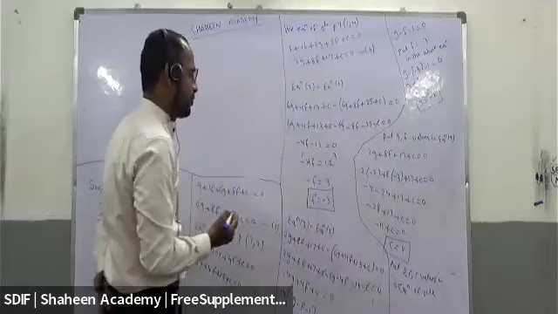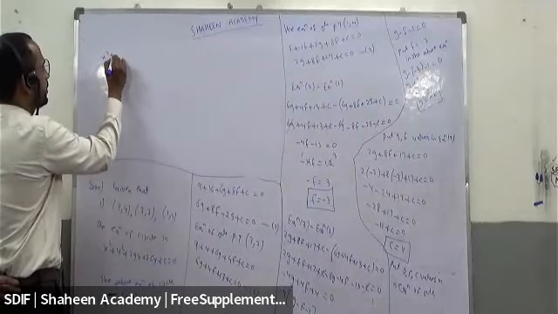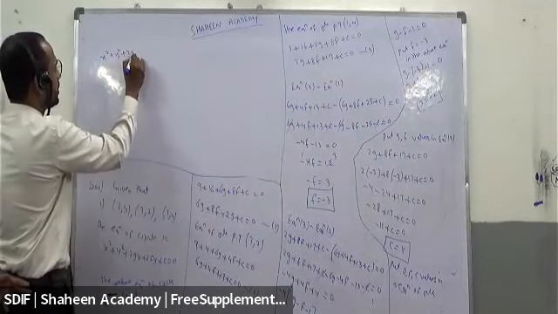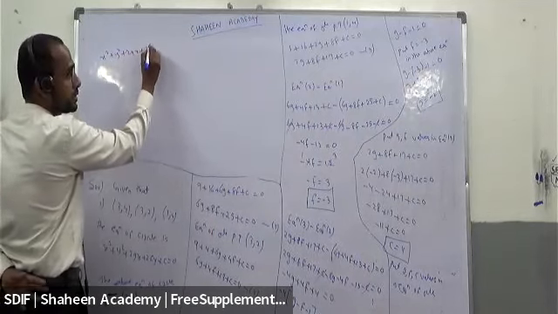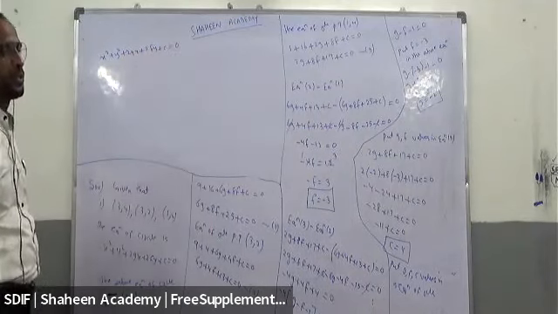What is that equation of circle? x square plus y square plus 2gx plus 2fy plus c is equal to 0.